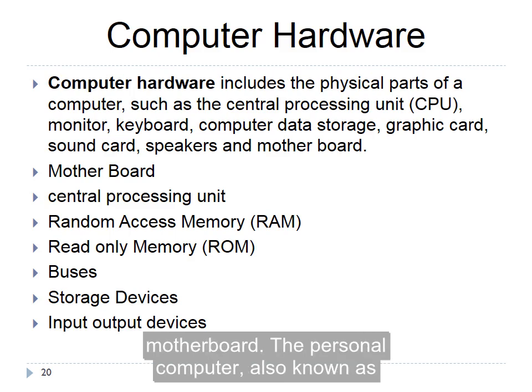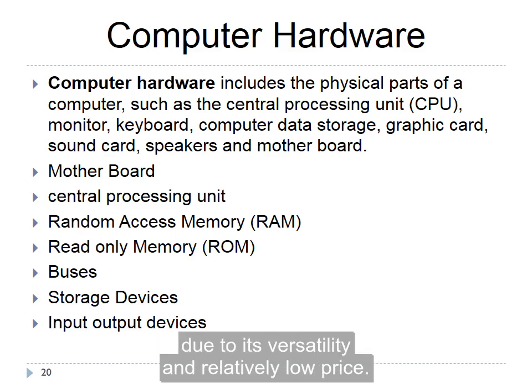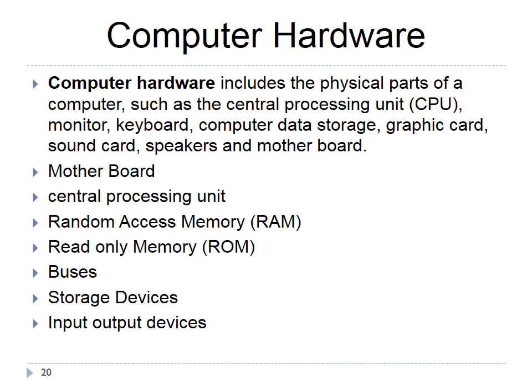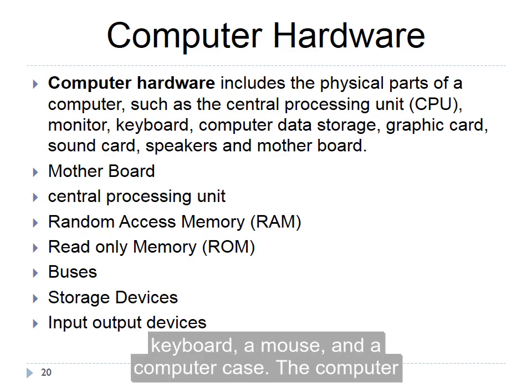The personal computer, also known as the PC, is one of the most common types of computer due to its versatility and relatively low price. Most personal computers possess a monitor, a keyboard, a mouse, and a computer case.